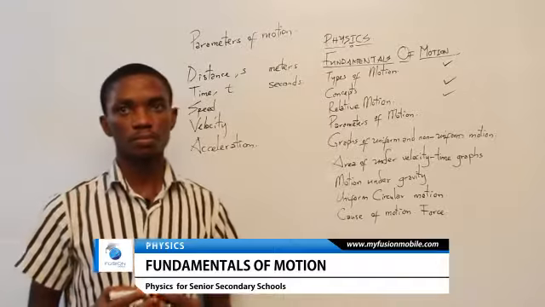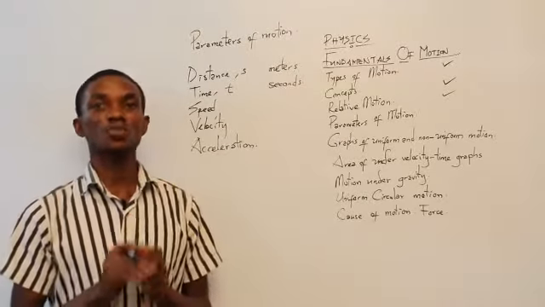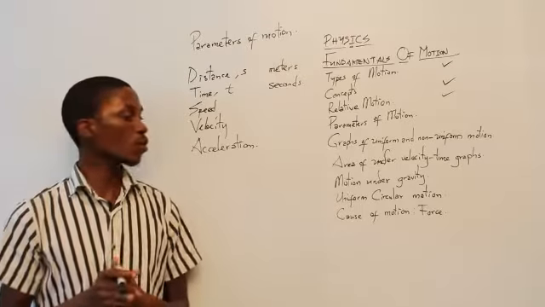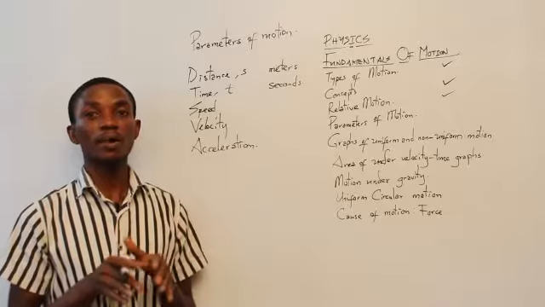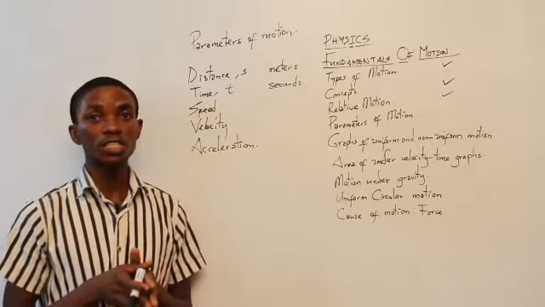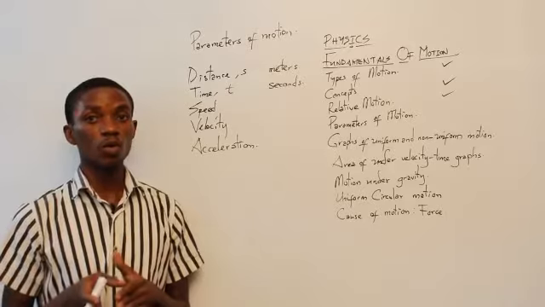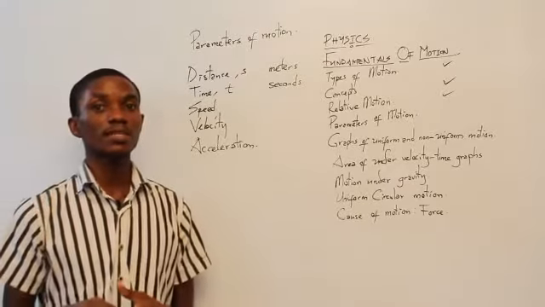We have speed. Speed is the rate of change of distance with time. Speed is a scalar quantity, and it has another entity, velocity, which shares the same qualities as itself, but it is a vector quantity. So velocity is the rate of change of displacement with time.